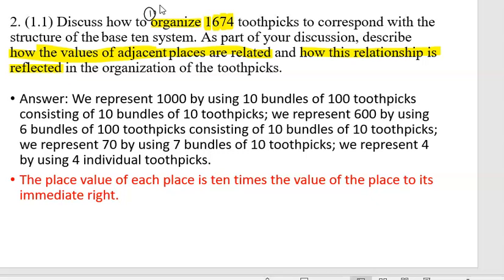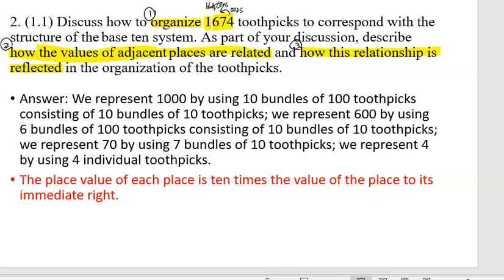Secondly, in the description we need to explain how the values of adjacent places are related. For example, the ones place and the tens place, how are they related? And similarly, the tens place and the hundreds place, and so on. This is the second question.